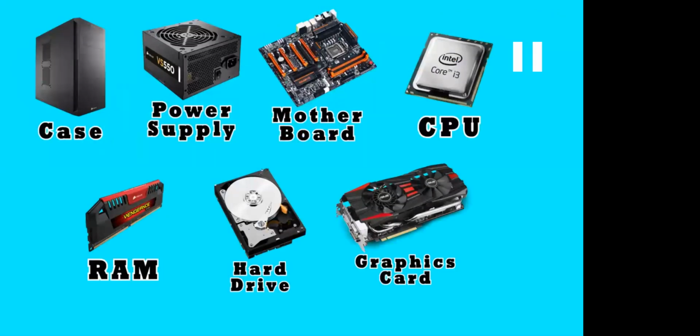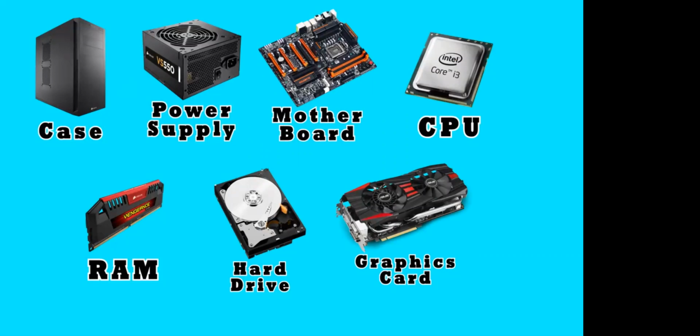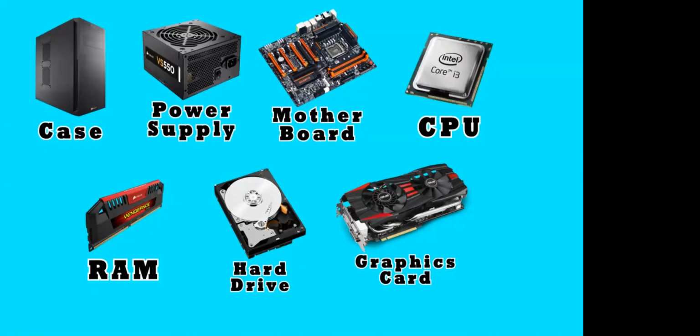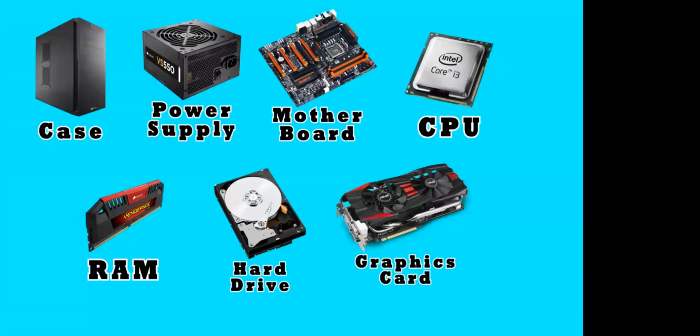Okay. So now let's see. The case will contain every essential component in a PC. The power supply will give the required amount of current to the hardware components. The motherboard will distribute the power and act as a communication bridge between the CPU and other components.